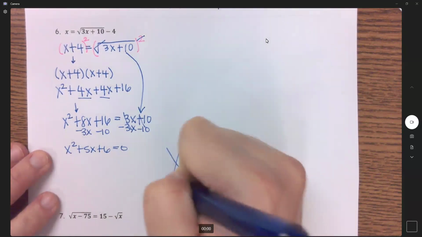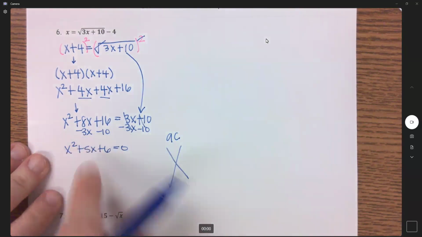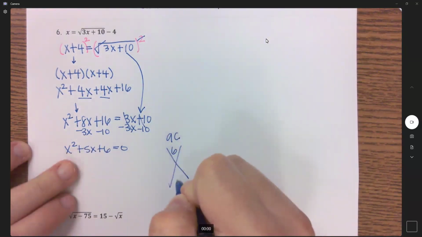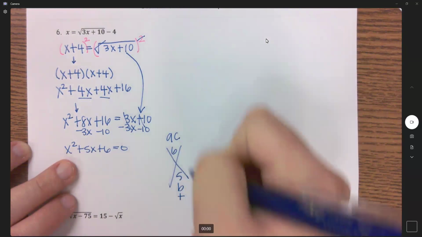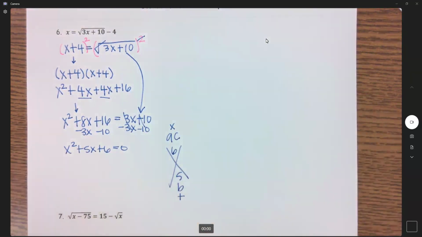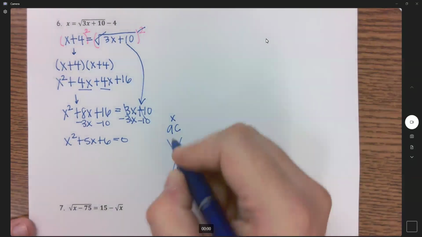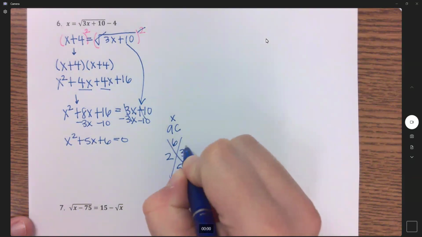So now let's factor. Because it's a trinomial, we'll go into our x. My a times c is 1 times 6. My b term is 5, so it adds up to 5, but multiplies to 6. Please pause the video if you want more time. That's going to be 2 and 3.